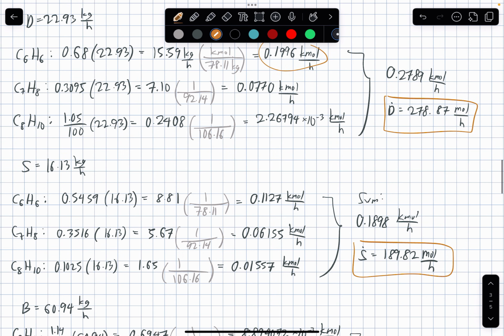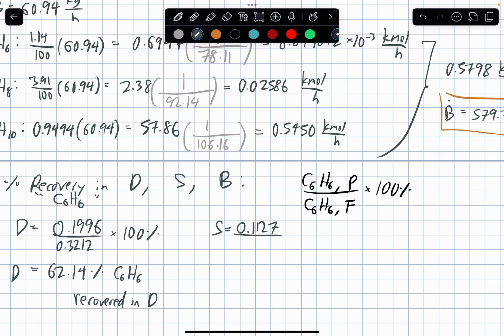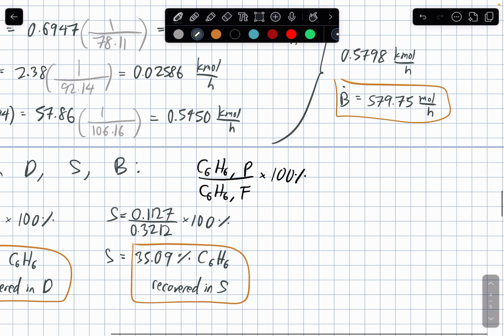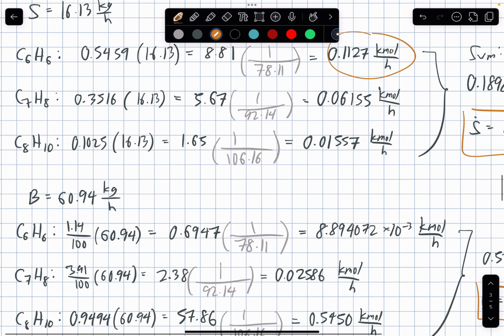Okay, S. Where is S? So C6H6, 0.1127. Same thing in the feed, in the denominator. Calculate. For B, where is that?